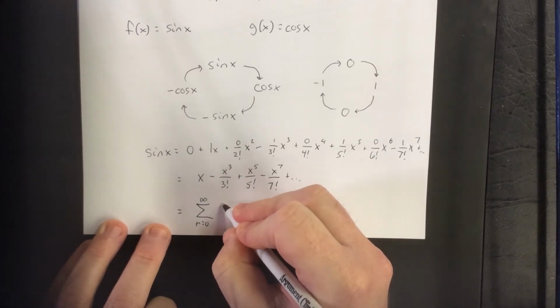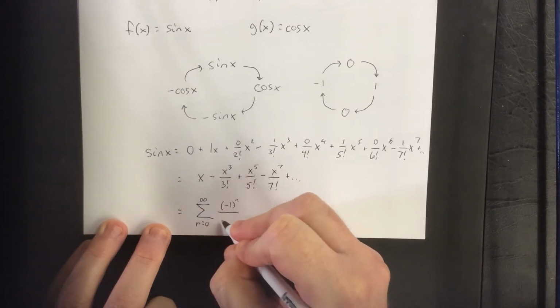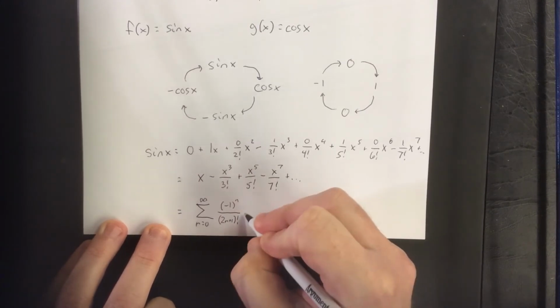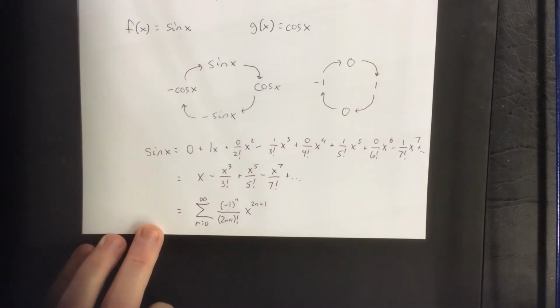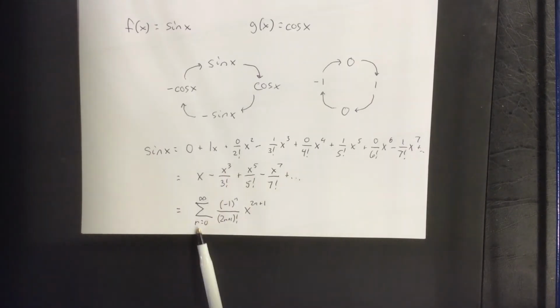We will see negative 1 raised to the nth power divided by 2n plus 1 factorial times x raised to the 2n plus 1 power. So with this in mind, n equals 0 will correspond to the first power, n equals 1 will correspond to the third power, n equals 2 will correspond to the fifth power, and so forth and so on.